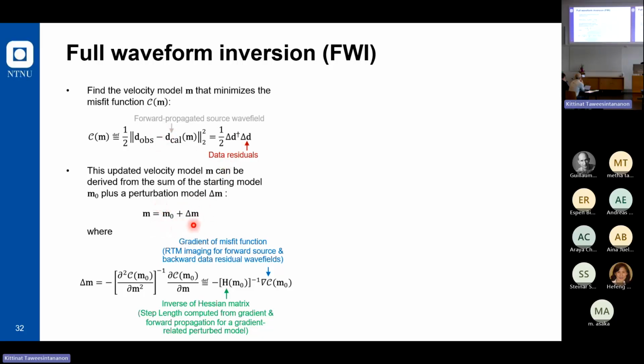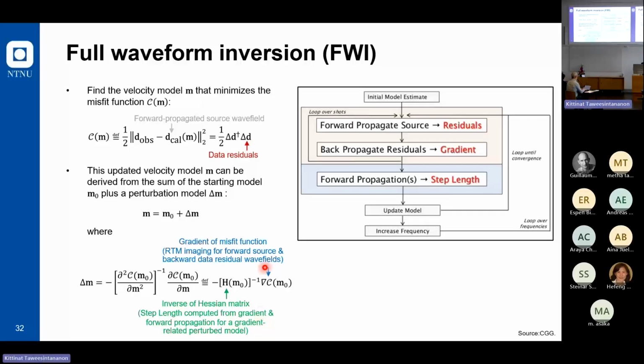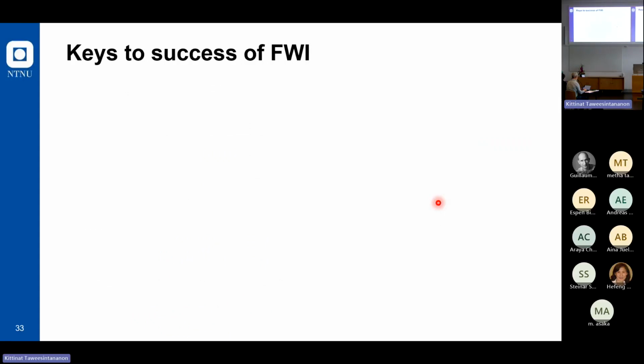We have an initial model, and we find the updated model by computing first the gradient of the misfit function and the inverse of the Hessian matrix. The technique is to compute the data residual, compute the gradient, and the step length is the representation of the inverse Hessian matrix, and then update the velocity model until we find a good velocity model.